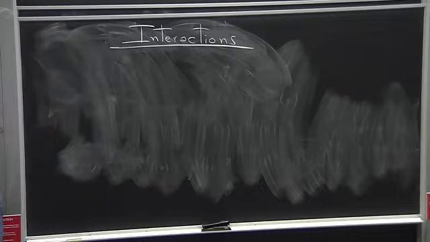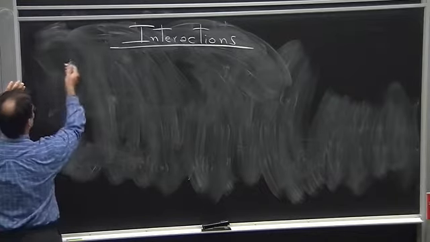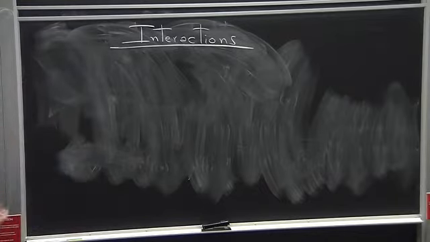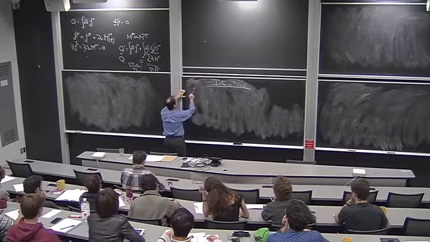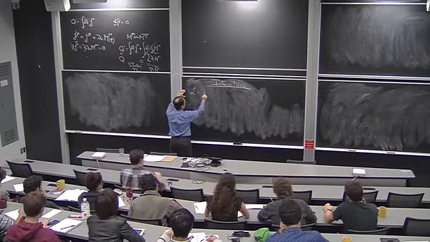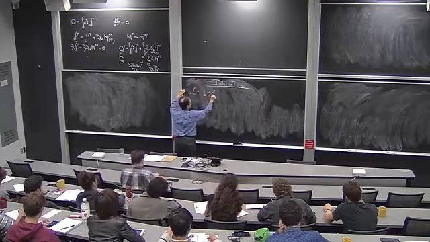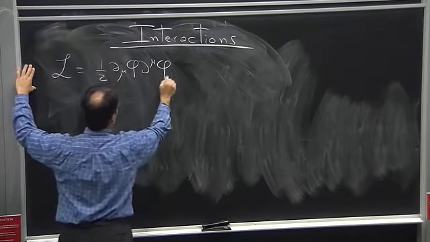Okay. So we have to start somewhere. We want to describe an interacting theory. A reasonable place to start would be with a theory that we understand already.